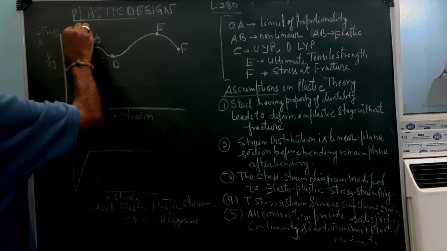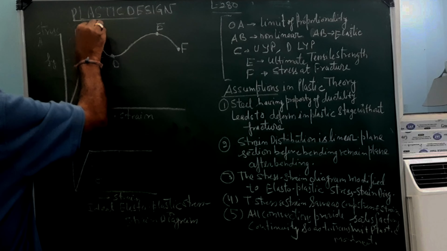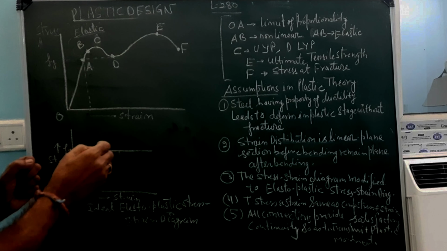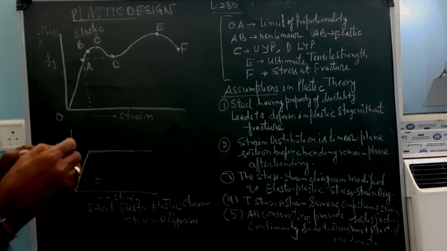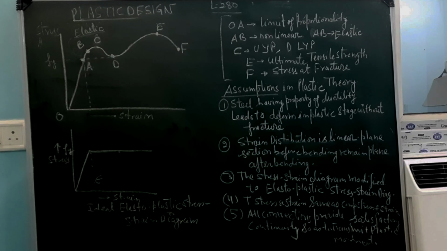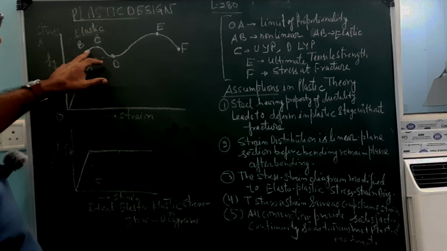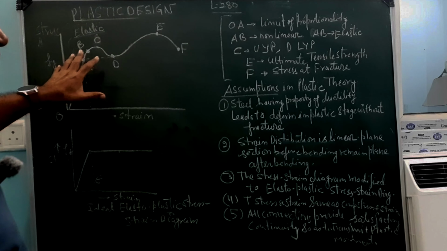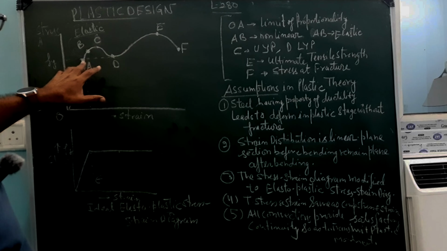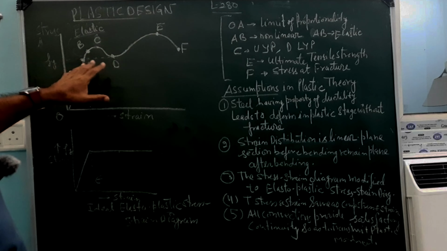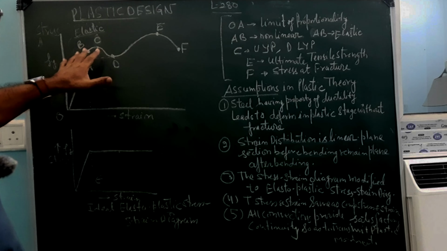Now the steel is stressed, but if you remove the stress, it will not recover. That point A to B is non-linear, means it does not follow the equation of Hooke's law, or if you remove the loads, nothing will happen, it will already be deformed.